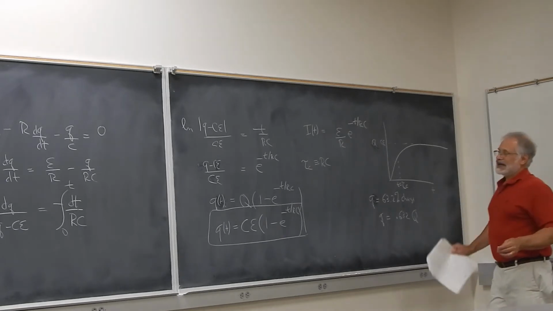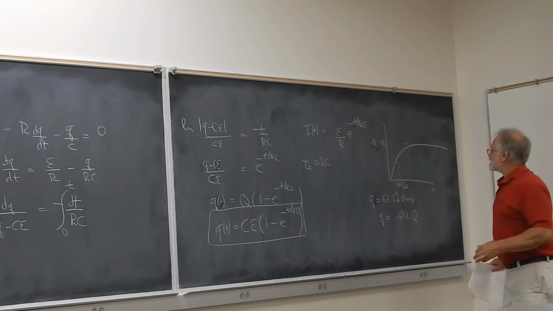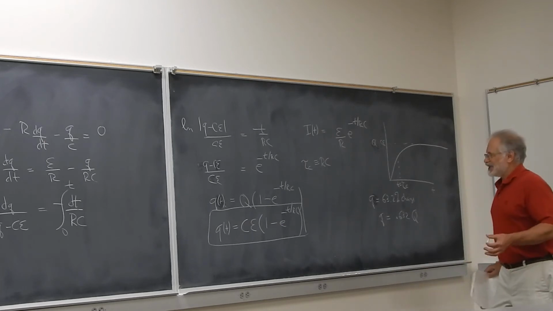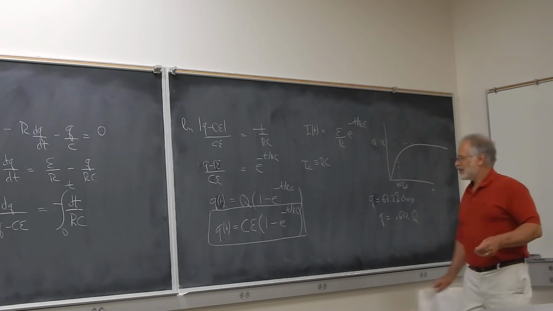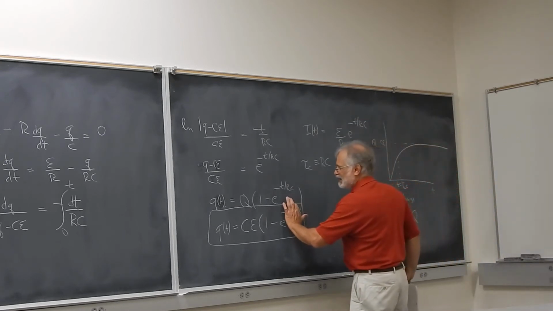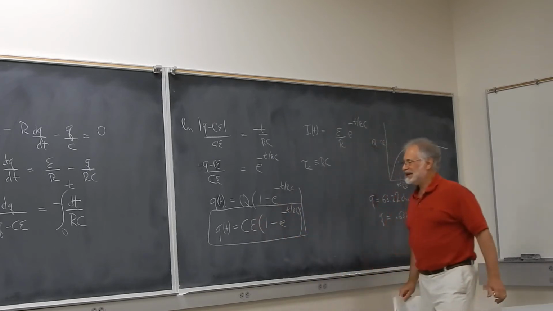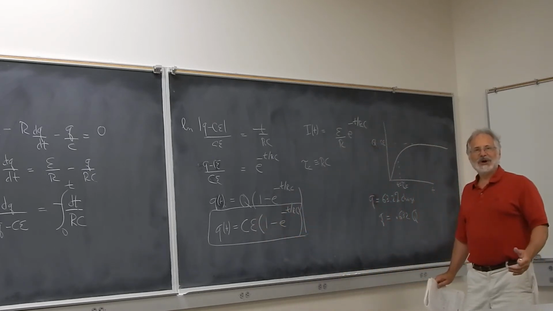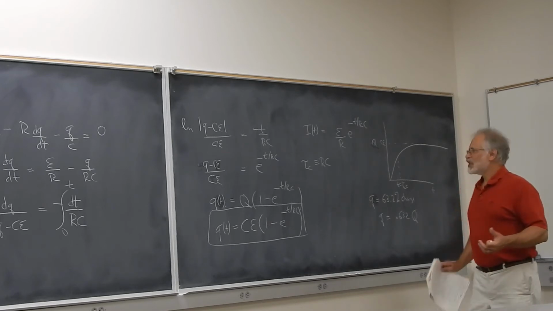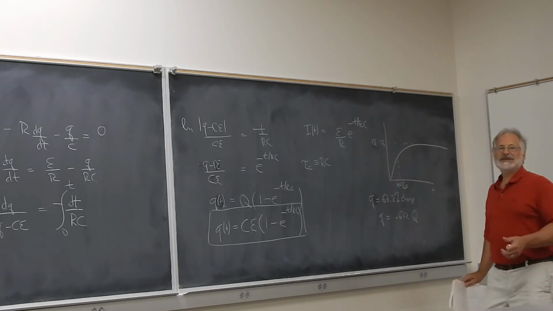You also notice that it essentially takes an infinite amount of time to become fully charged. If I let t go to infinity here, this term becomes 0, and then of course I have C times E. Now, for all intents and purposes, if you wait about 5 or 6 time constants, the capacitor is fully charged.